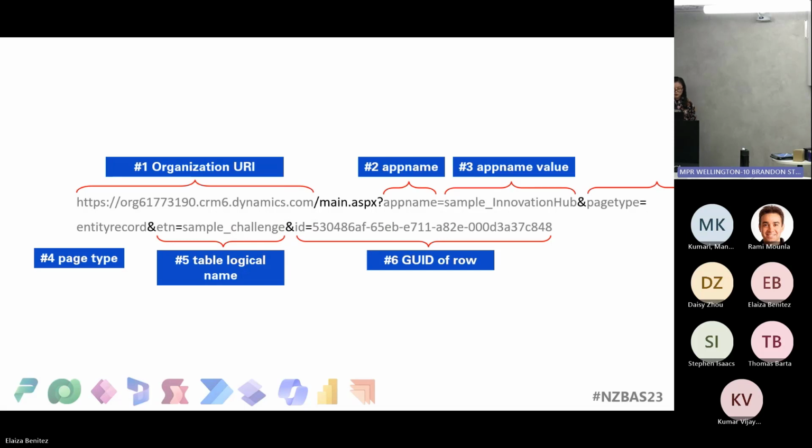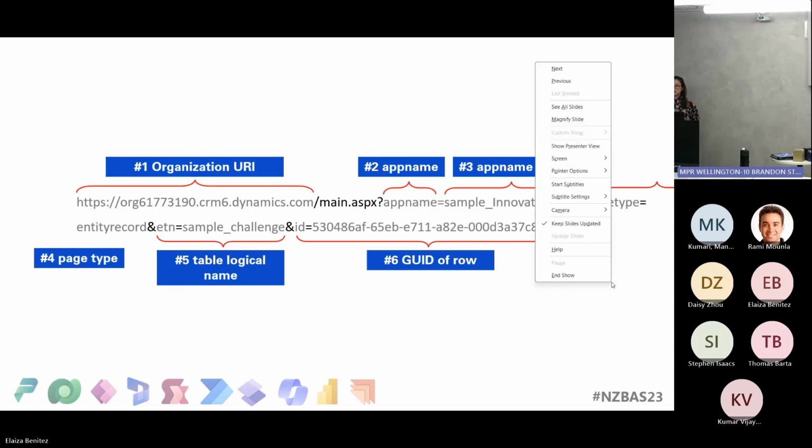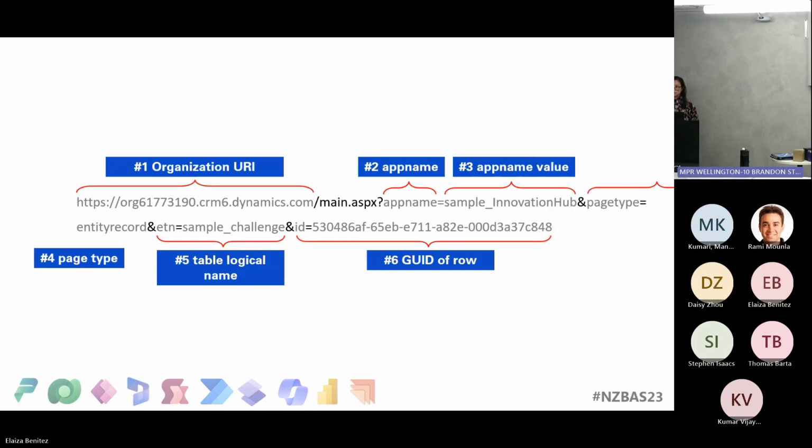So in terms of the environment variables and how we're going to build the dynamic URL using environment variables, we've got one environment variable that is going to store the organization URI, and then we've got another variable that will have the app name value, and then there's also the page type.